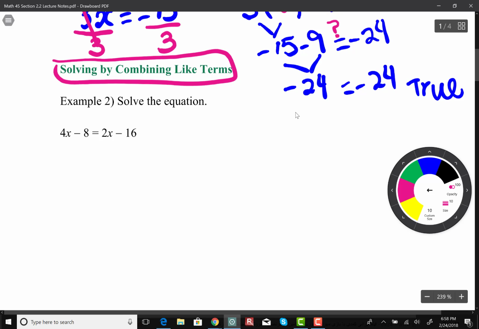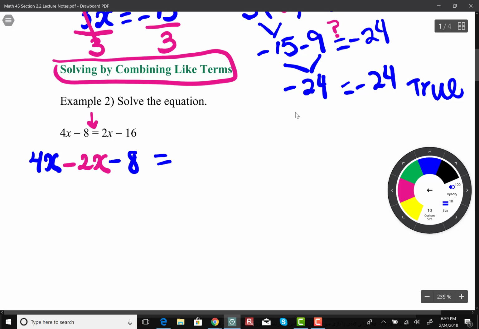So the opposite of 2x is negative 2x, and I have to write it in here. And remember, this is where the equality sign is. I'll write it down again. My problem was 4x minus 2x. This is on the left side. I just added negative 2x to this side.